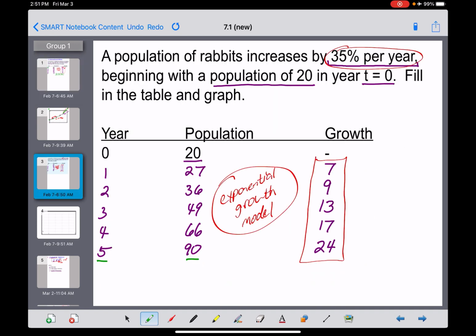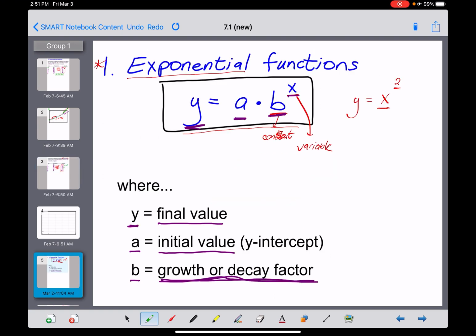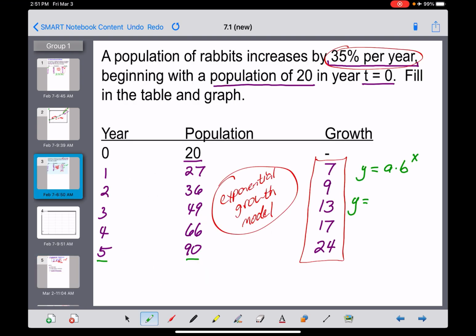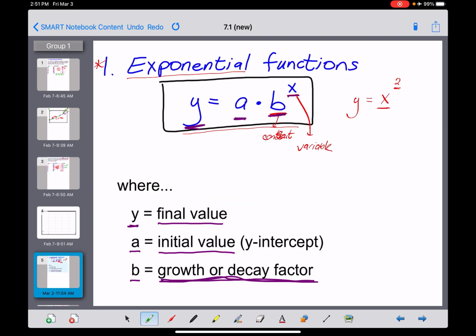This model right here, though, we just wrote it down, guys. It would normally be of the form y is equal to a times b to the x power, where a is the initial amount, right? That's what we wrote down right over here. A is the initial value. So in this experiment, we started with 20 rabbits, so that would go right over here, and we would multiply that by b, and b, we said, was going to be your growth or decay factor.